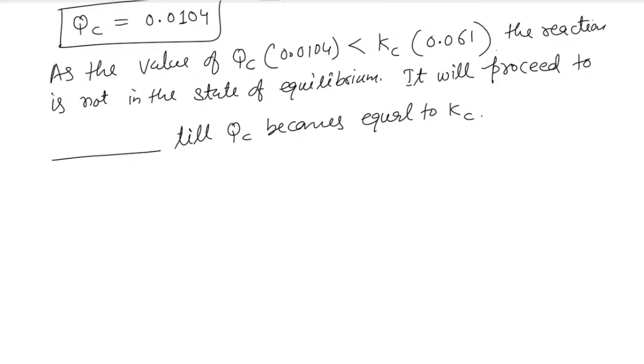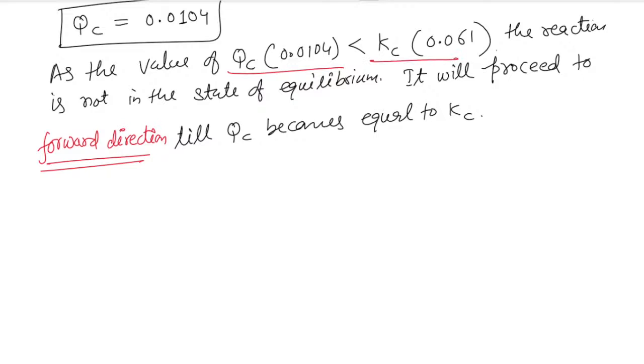Very good. Now it's good. It will proceed in the forward direction, till Qc becomes equal to Kc, because Qc is less than Kc. In the previous question, Qc is greater than Kc.